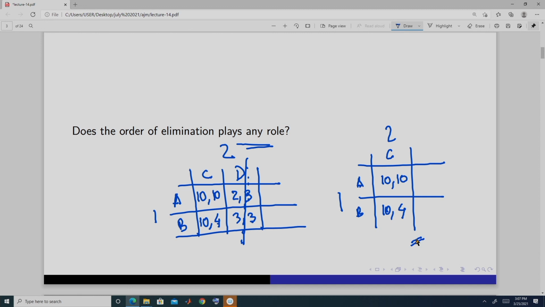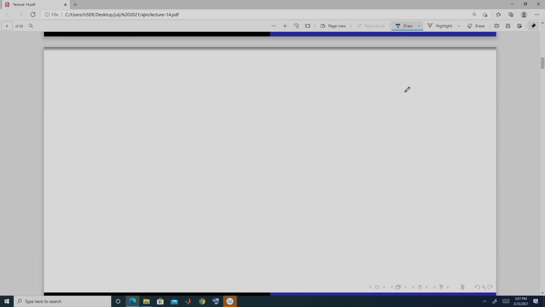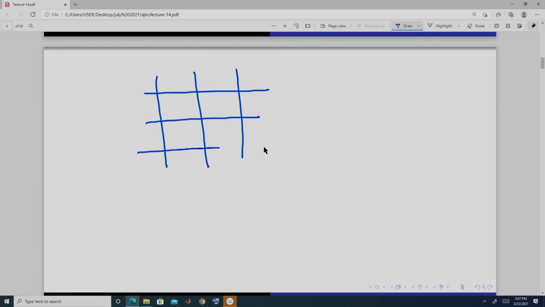So, the outcome is that if we start the elimination process from the actions of player 2, then we end up here. Now, let us take the same example and let us start the process of elimination from the action set of player 1.